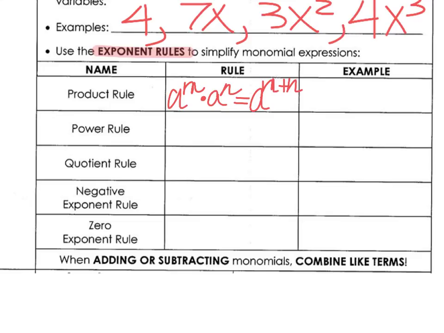An example of this, if we have x squared times x to the 7th, this would equal x to the 9th because we just add the exponents together. 2 plus 7 gives us x to the 9th.